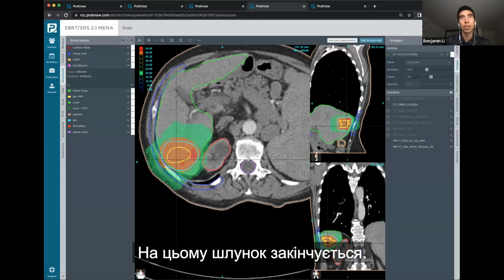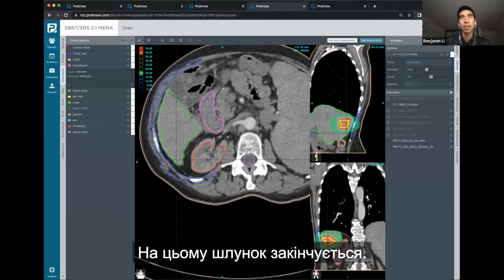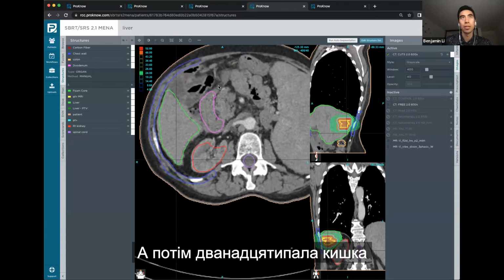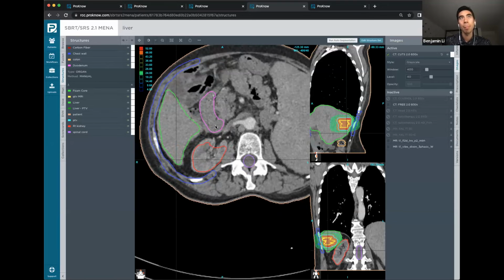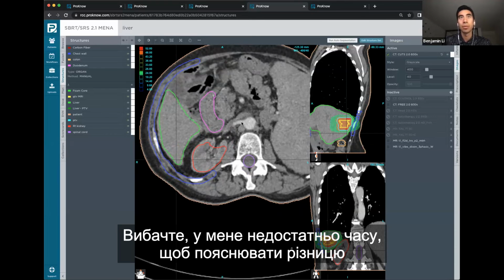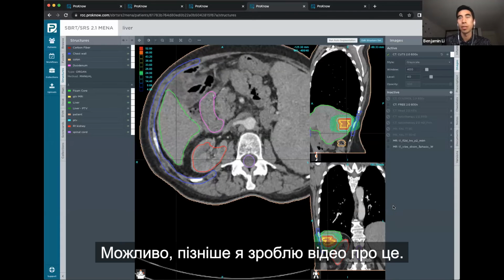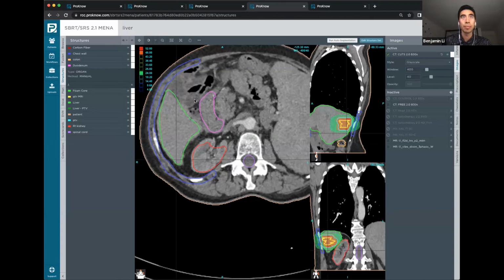So this is where stomach would end, and this is where small bowel would begin. And then the duodenum is this next portion here. Okay. I'm sorry I don't have enough time to go through the distinction between small bowel and large bowel. Maybe I'll make a video about that later.